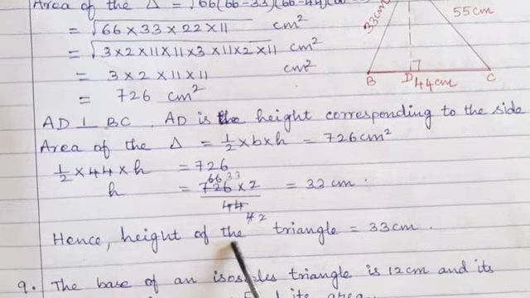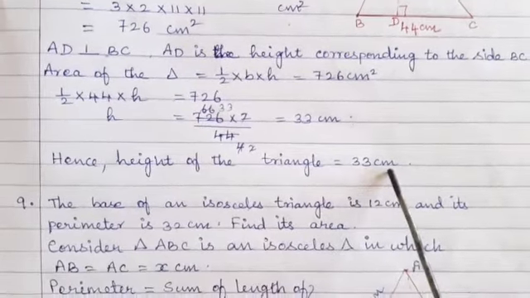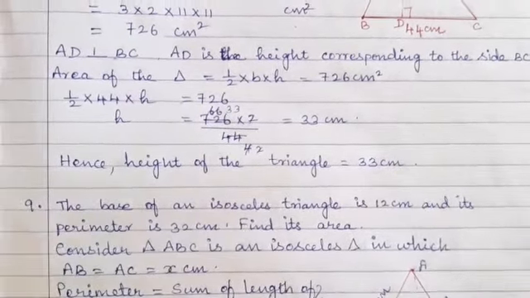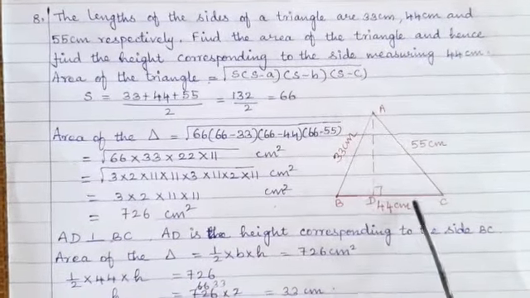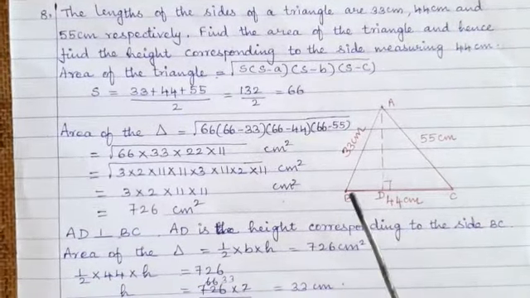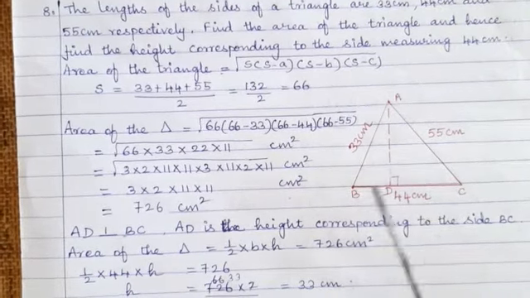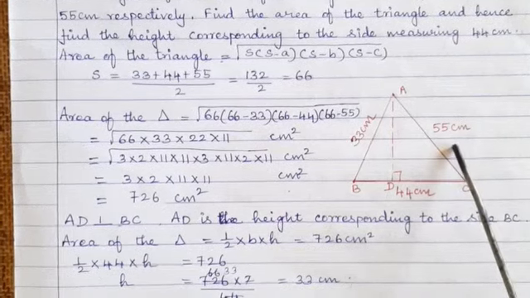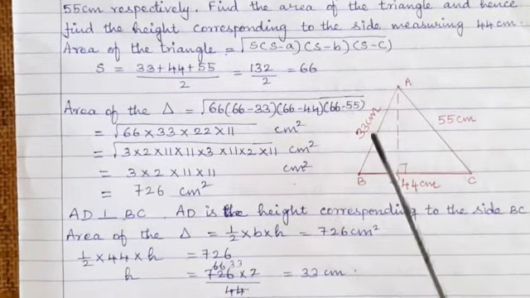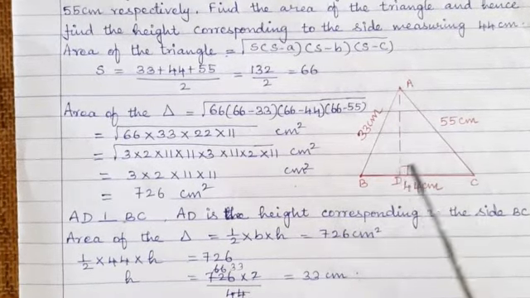Hence the height of the triangle is 33 centimeter. In this question, you have to find the height opposite to the side BC. In any question, if you find the height corresponding to the side AC, you keep AC as the base. The same way, AB will be the base, then you find the height in this same way.